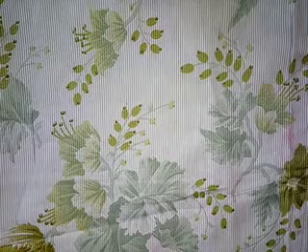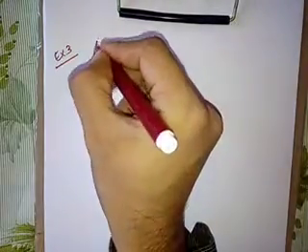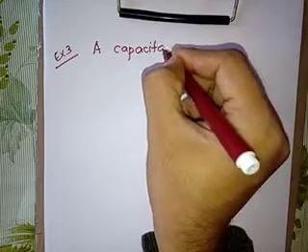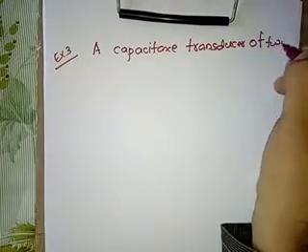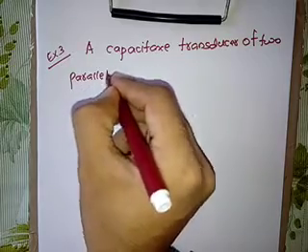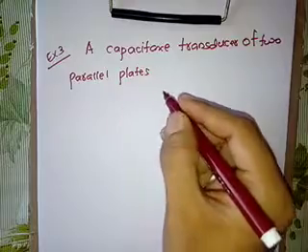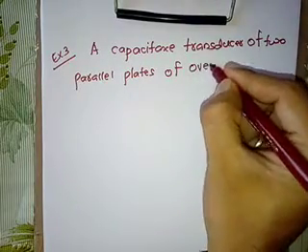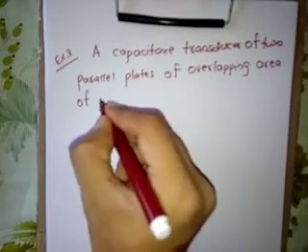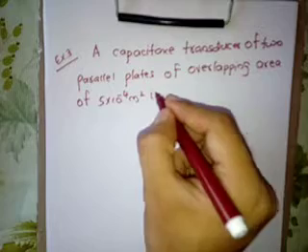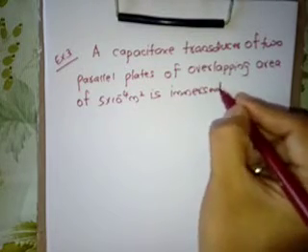Let us take up one more example, third example. Example 3: a capacitance transducer of two parallel plates of overlapping area of 5 into 10 raised to minus 4 meters square is immersed in water.